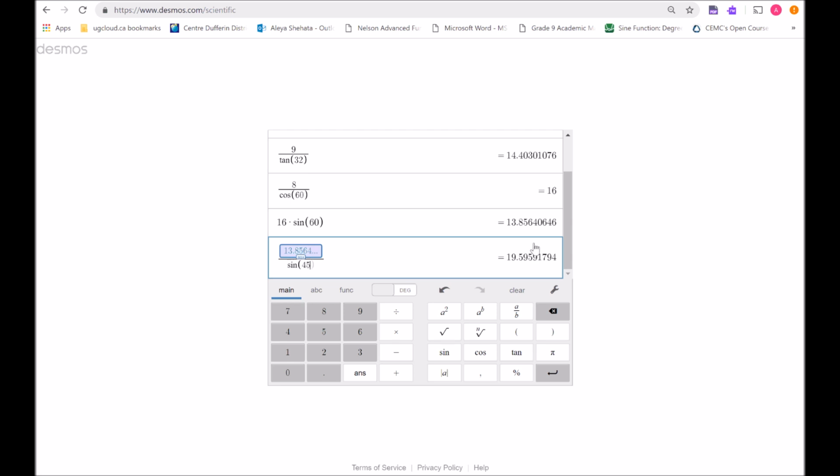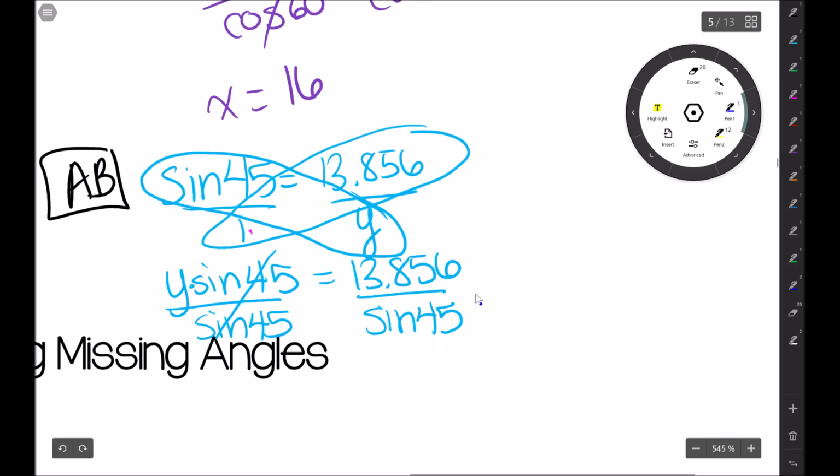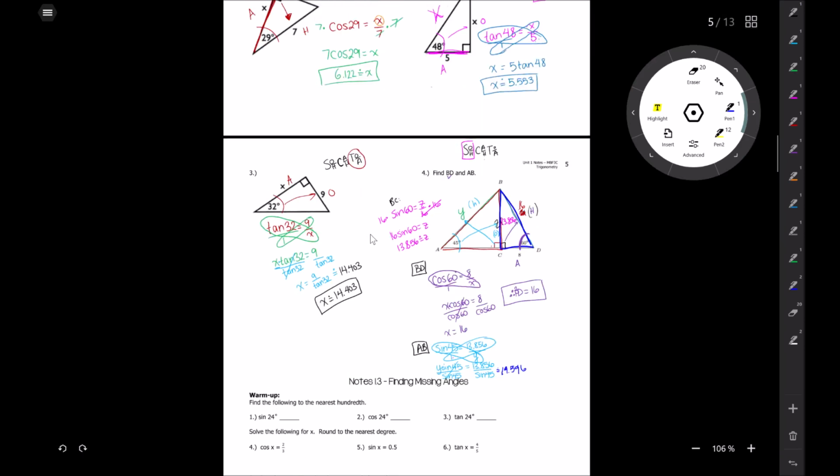The 9 after it tells us to round this 5 up to 6. So I'm going to say that my answer is approximately 19.596. And that's all I need to do for this question.